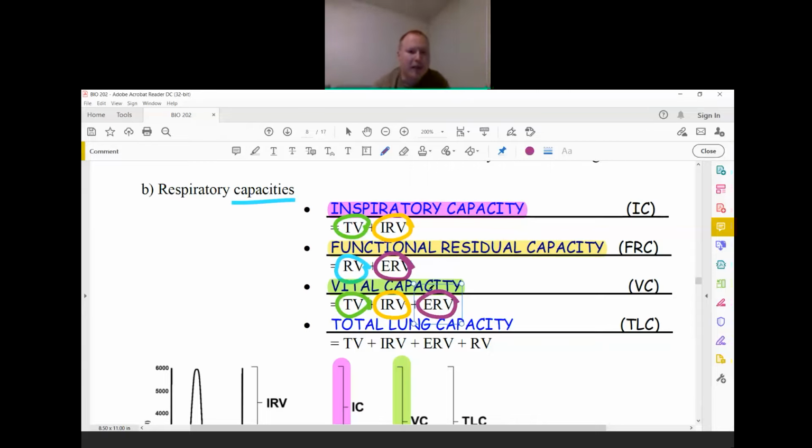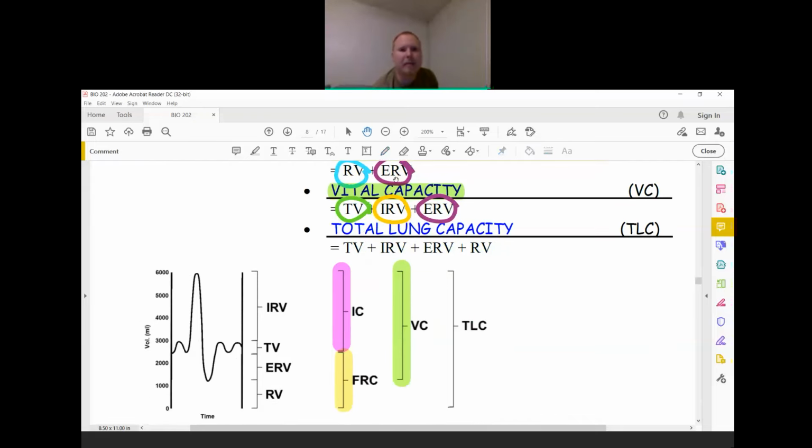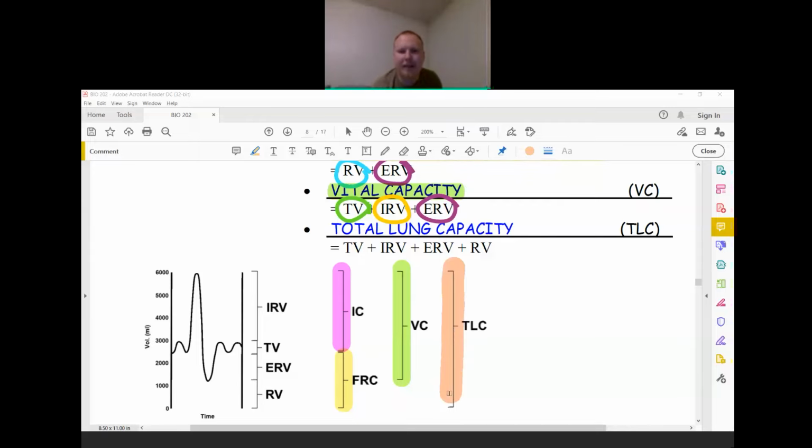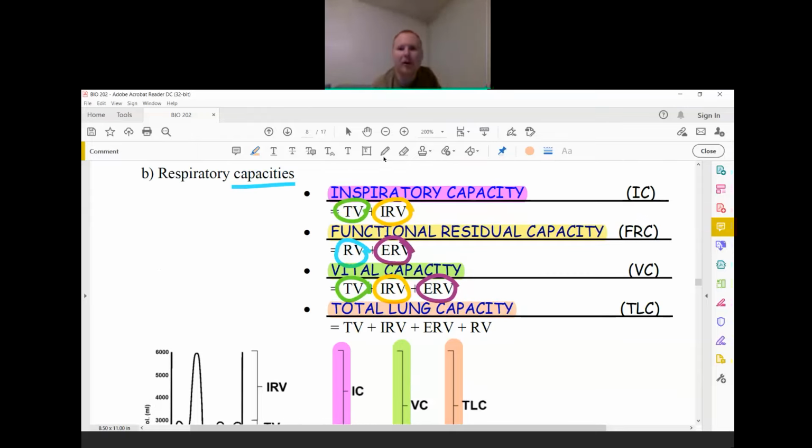And the final measurement, which is abbreviated as TLC, nothing to do with the band, is our total lung capacity. Total lung capacity is calculated by simply adding together all of those volumes that we were looking at earlier.